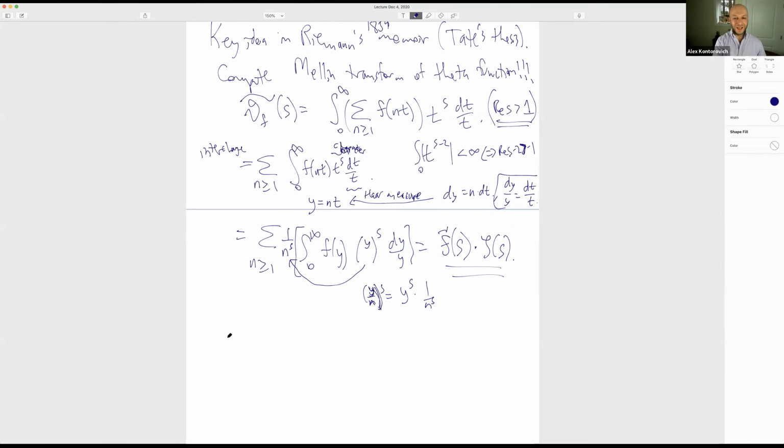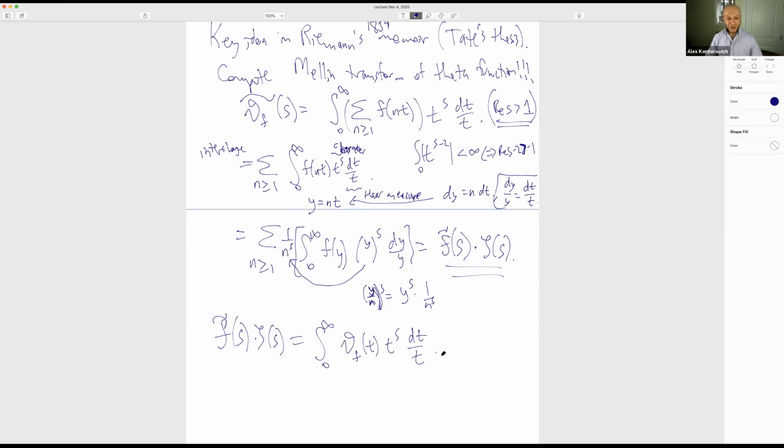Okay, so let's write this again. For any nice test function f, f tilde of s times zeta of s is equal to this integral from 0 to infinity of theta f of t, t to the s, dt over t.